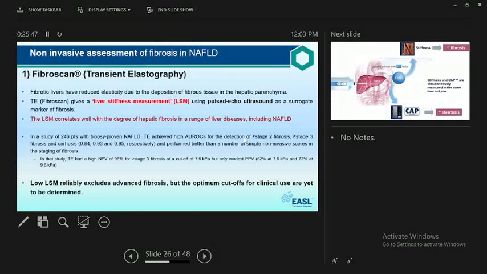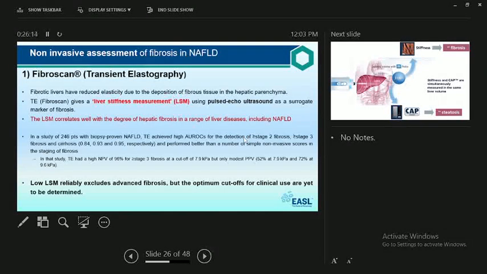Apart from the biomarkers, the most reliable method for non-invasive assessment of fibrosis is transient elastography, which is an indirect way of assessing liver stiffness using ultrasound waves. We assume that the liver stiffness correlates with the degree of fibrosis.